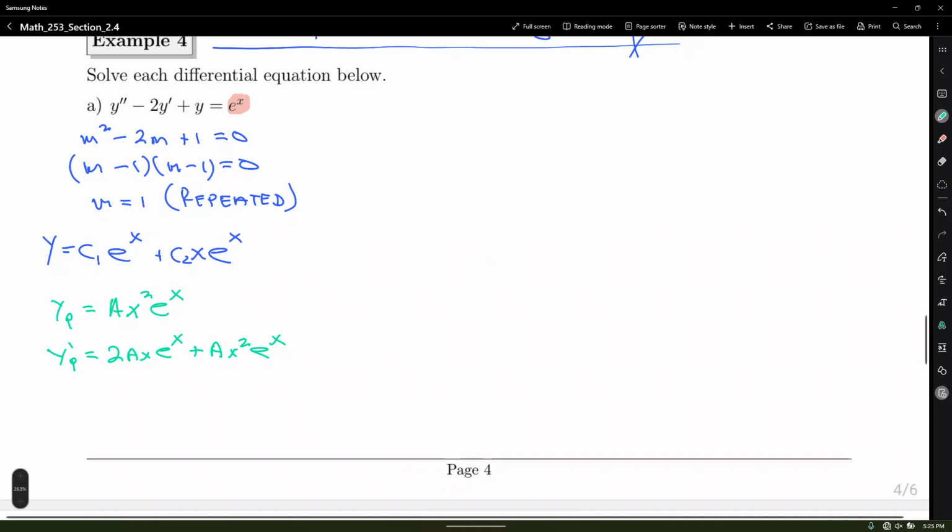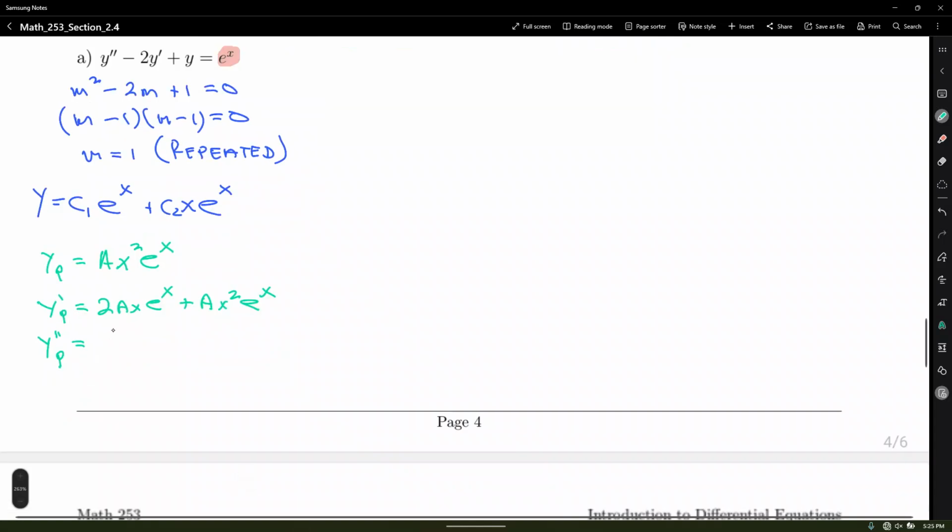The second derivative is going to be a crazy one. So y double prime of p. One product rule for the first term: the derivative of 2ax is 2a times e to the x, plus the derivative of e to the x, which is itself e to the x, times 2ax. That's just the derivative using the product rule for the first term only.